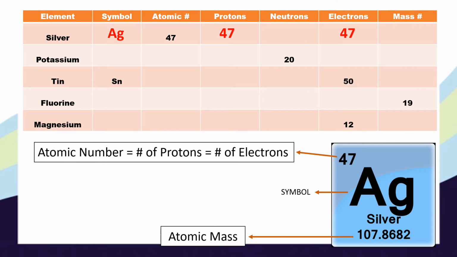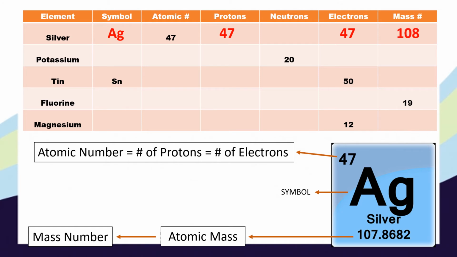Now for our mass number, given the atomic mass which is 107.8682, we can now calculate the mass number. Mass number is the rounded off atomic mass. 107.8682, when you round off, is equivalent to 108.